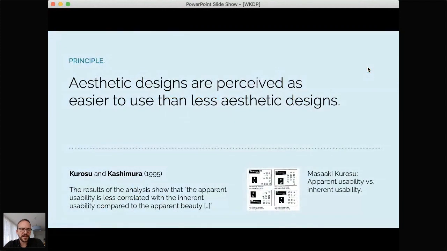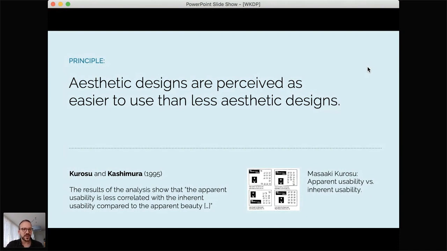And what it tells us is that aesthetic designs are perceived as easier to use than less aesthetic designs, right? This has actually been proven by Japanese researchers back in 1995 in a study that they did using an ATM interface, and has been validated ever since, right? And this is critical because people think these are not things that you can pick.